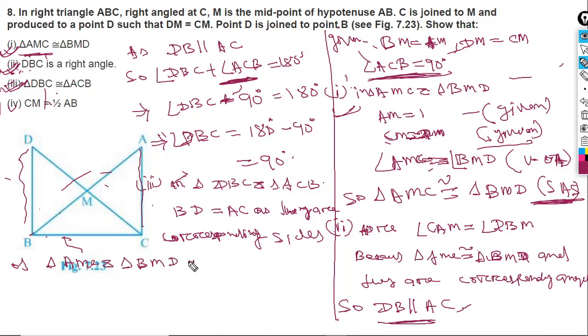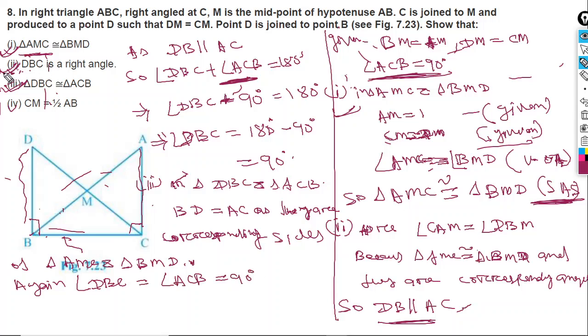Now again, here angle B, this angle is equal to this angle, 90 degrees. Write it: angle DBC equals angle ACB equals 90 degrees.